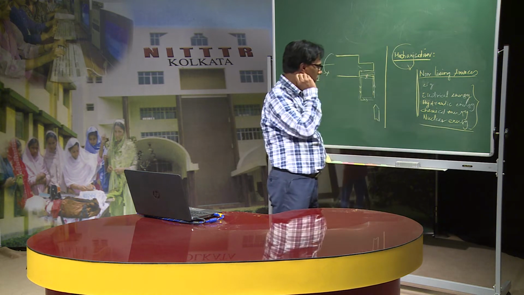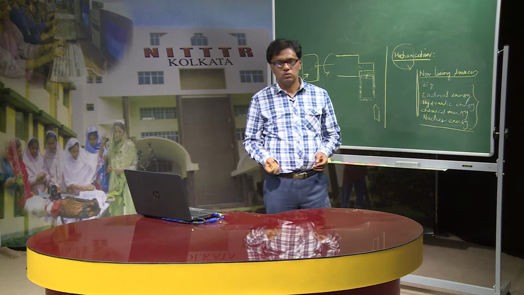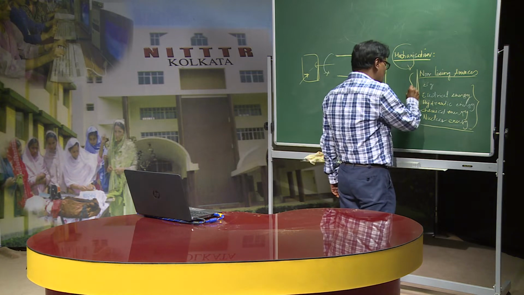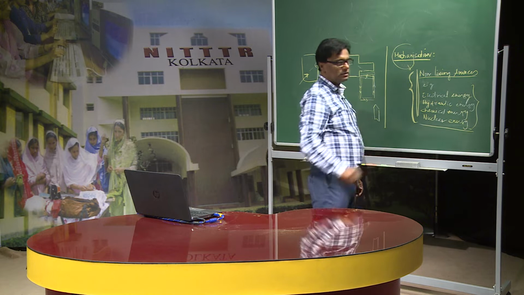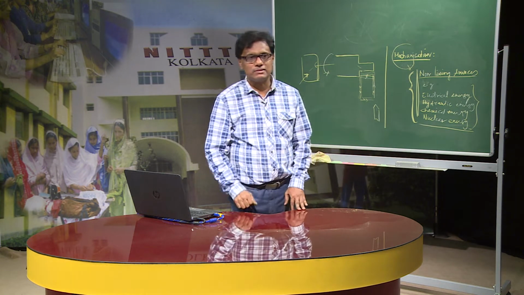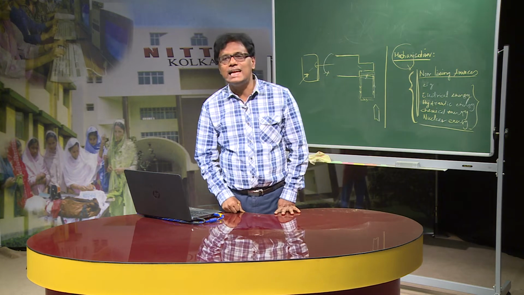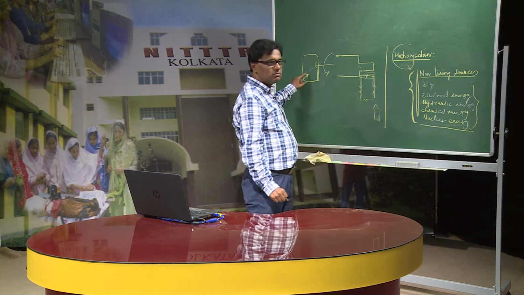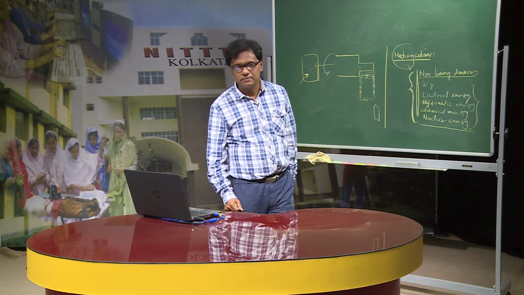This energy is used for getting the work. So, why am I using this energy? Because I want to replace my physical labor. If I want to rotate by some gearing arrangement, then I have to do some physical labor.